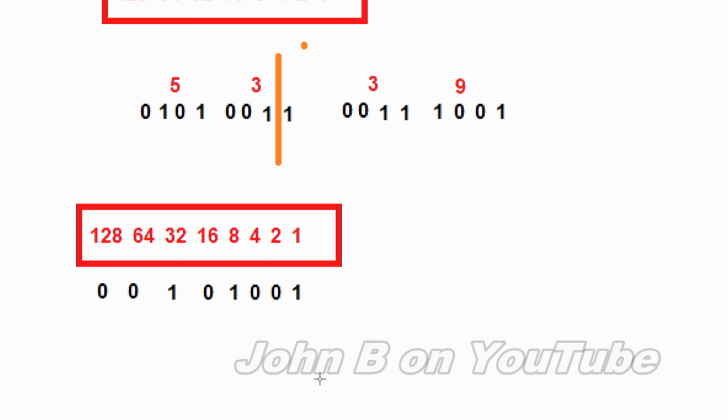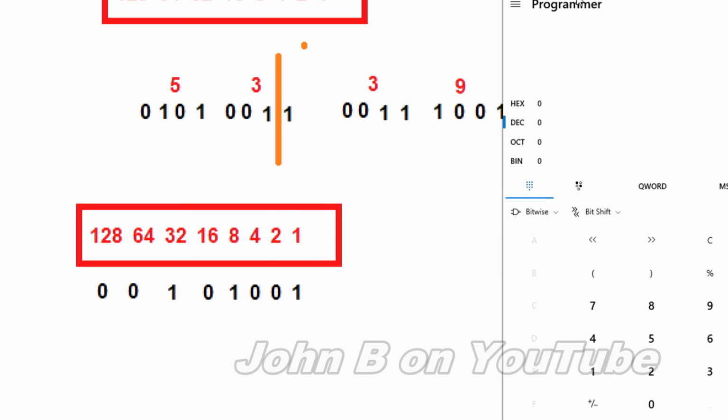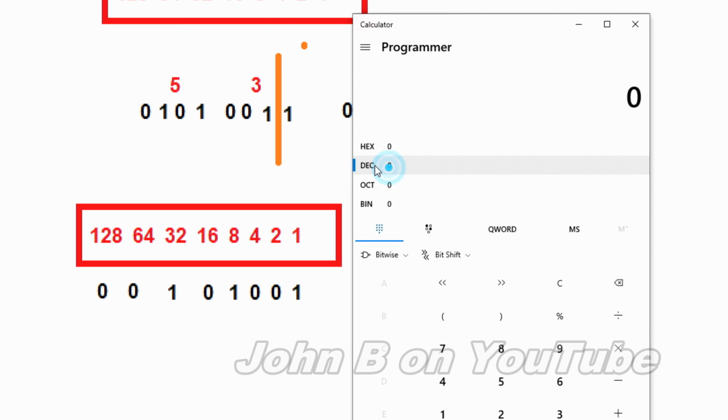Right, let's work this out. Windows calculator. Good old Windows. So decimal, these are the decimal representations of bits in a byte. I explained that months ago. Right, so we've got a 32, no 16s, we've got an 8.